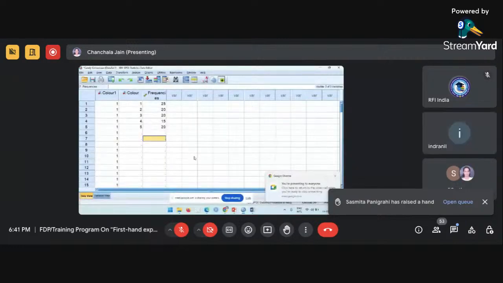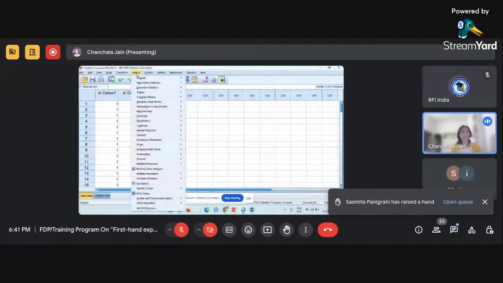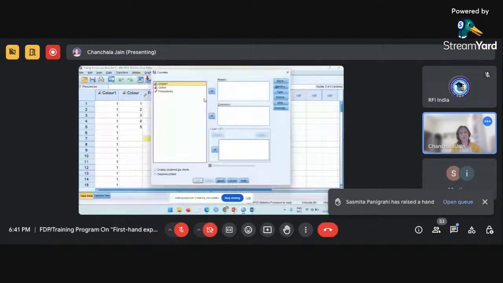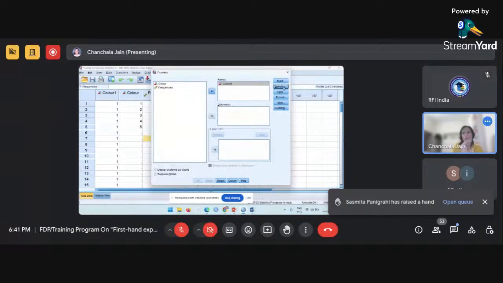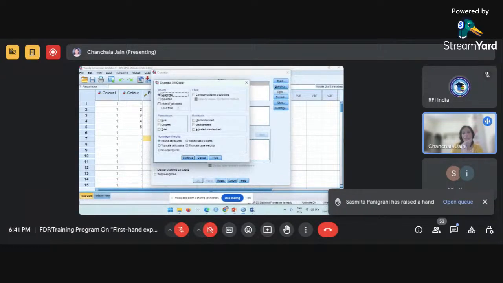Ma'am, now you can see I'm going to Analyze, Descriptives, and now selecting Crosstabs. Now shifting the color variable into the rows. As you can see, we do not have a second variable, so I cannot shift it into the columns. Now clicking on Statistics, selecting chi-square, continue, going to Cells, clicking on expected, and continue.